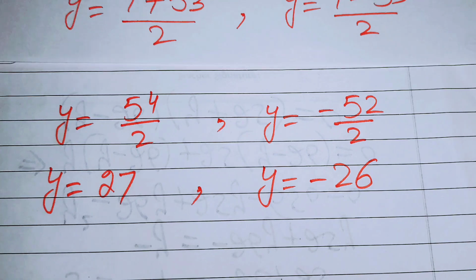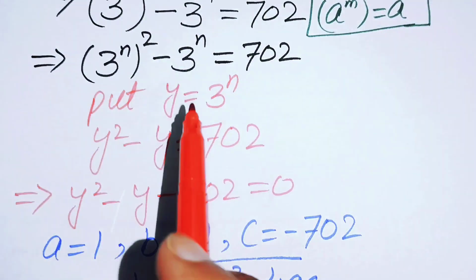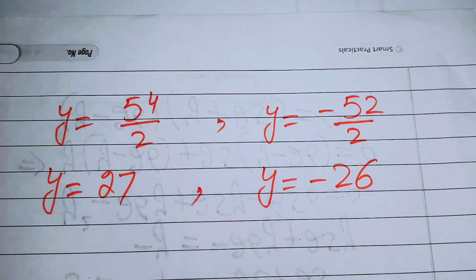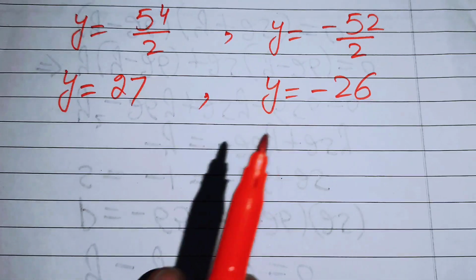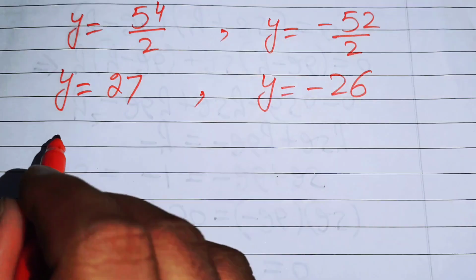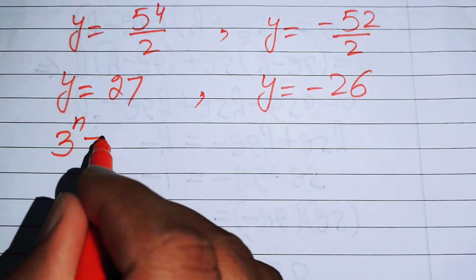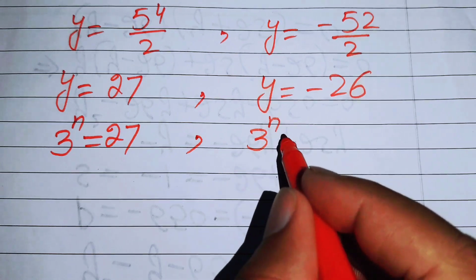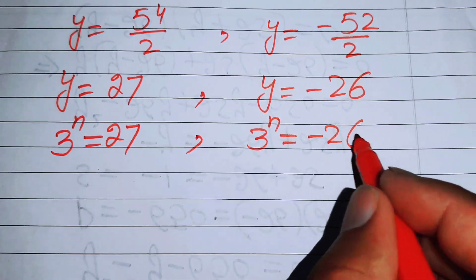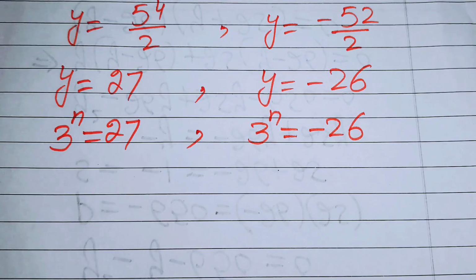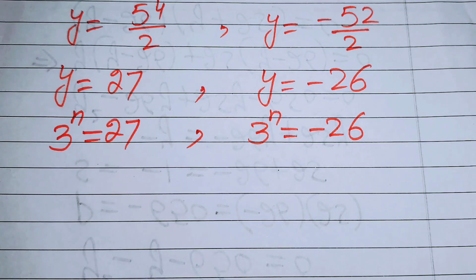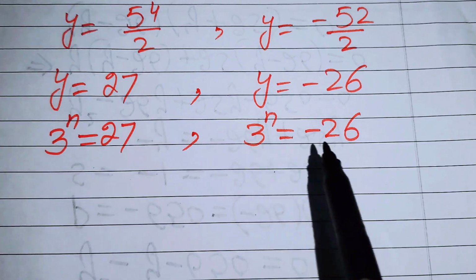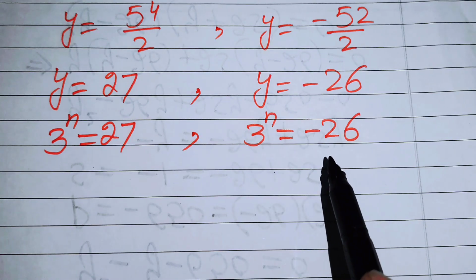Now, at the start of the question we took y is equal to 3 to the power of n, so we will back substitute the value of y here. When you put the value of y, 3 to the power of n is equal to 27, and similarly 3 to the power of n is equal to minus 26. Here you see that on the left hand side you have an exponential function, and on the right hand side you have a negative value.